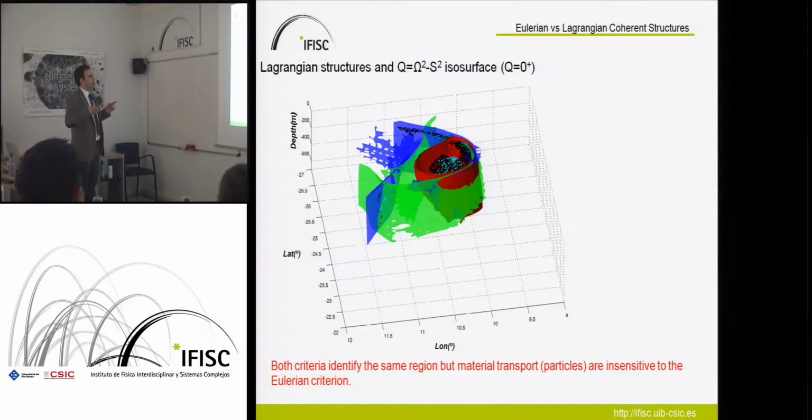While the particles follow the Lagrangian structures and do not cross them, they are actually crossing the Eulerian Q isosurface. So this means that the particles are insensitive to this criterion, and it was a further reinforcement of our idea that to look at material transport, you have to look at Lagrangian measures and not Eulerian ones.